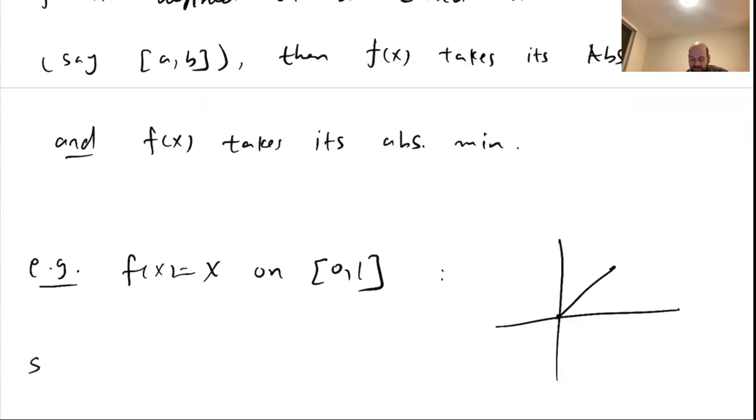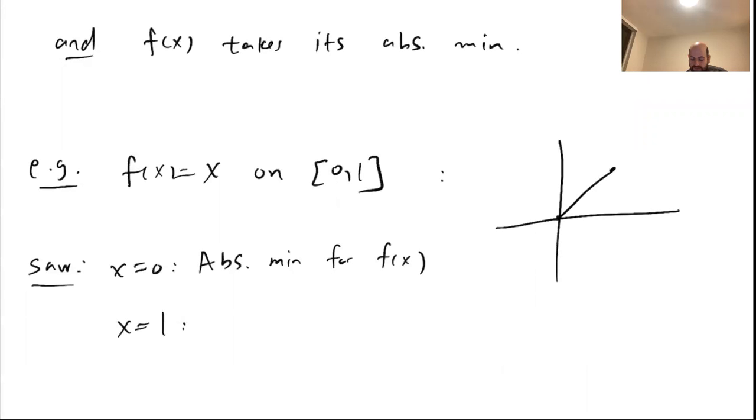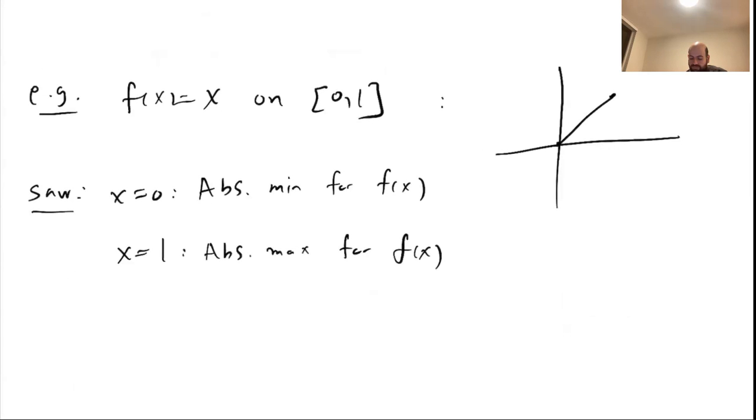Then we saw that x equals 0 is the absolute min for f of x, and x equals 1 is the absolute max for f of x.